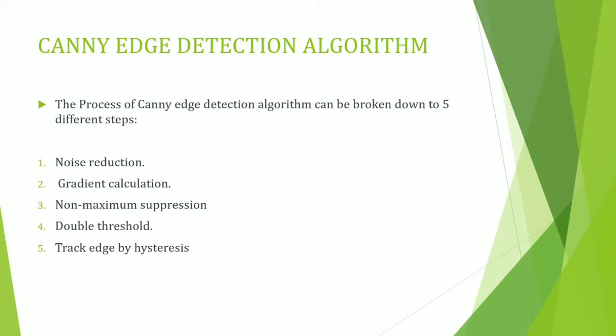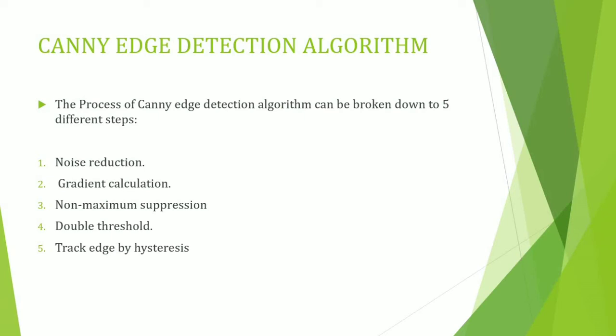The fourth is double threshold. Double threshold has three kinds of pixels: strong, weak, and non relevant. So, strong pixels are the pixels that have high intensity. Weak pixels are the pixels that have an intensity value that is not enough to be considered a strong one.